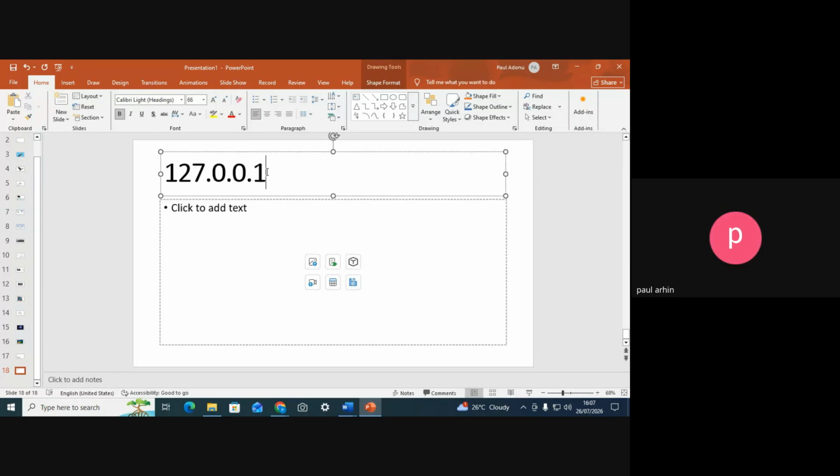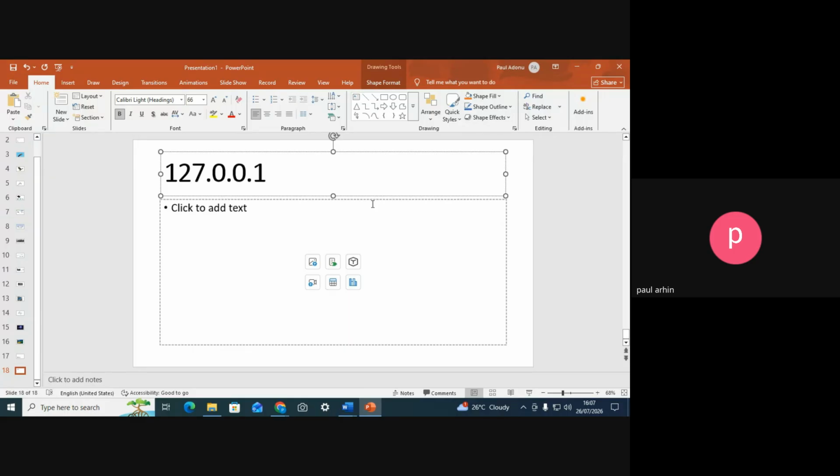This IP address here, 127.0.0.1, is a special IP address which is used to test your local network stack. That means I am checking to see if my network stack, or my network architecture, is responding to a network, or can join a network.